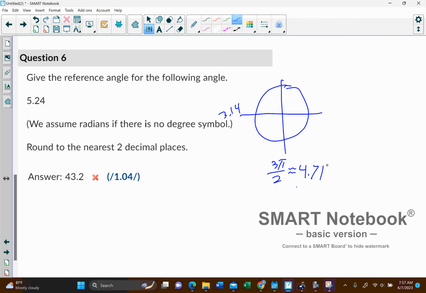So what that means is that I'm going to end up in quadrant 4 down here. It's about like that. It doesn't have to be exactly perfect. And I'm looking for this angle right here. That's what we're looking for.